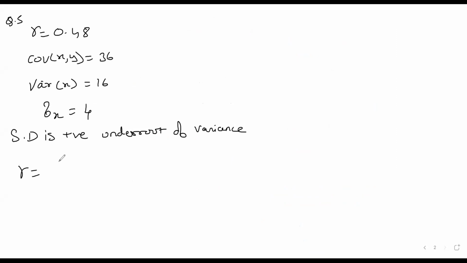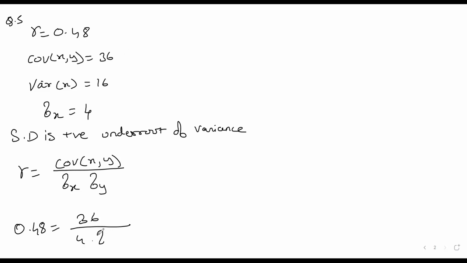Now, r is equal to covariance XY upon standard deviation of X, standard deviation of Y. This is your formula. अब यही formula हम लोगों ने क्यों लिया है? क्योंकि covariance दिया है और एक का standard deviation भी है हमारे पास. So 0.48 is equal to 36 upon 4 into standard deviation of Y.